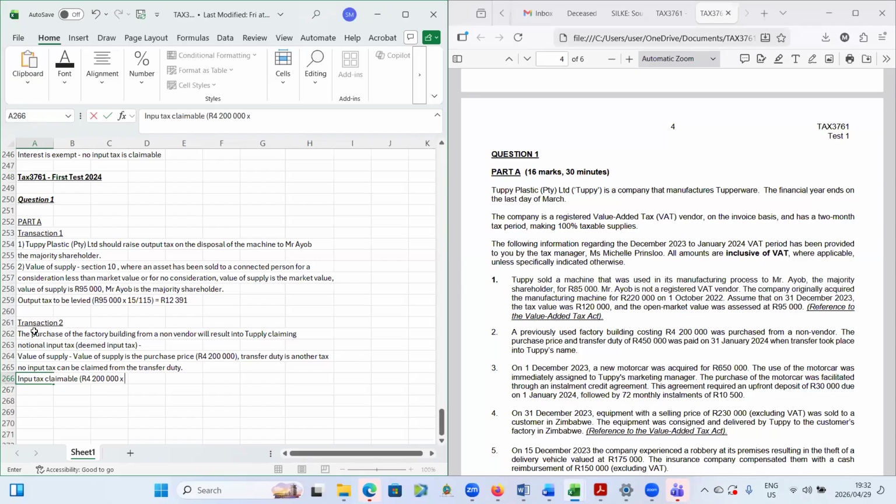So we must multiply by 15 over 115. The input tax that must be claimed is R547,826.